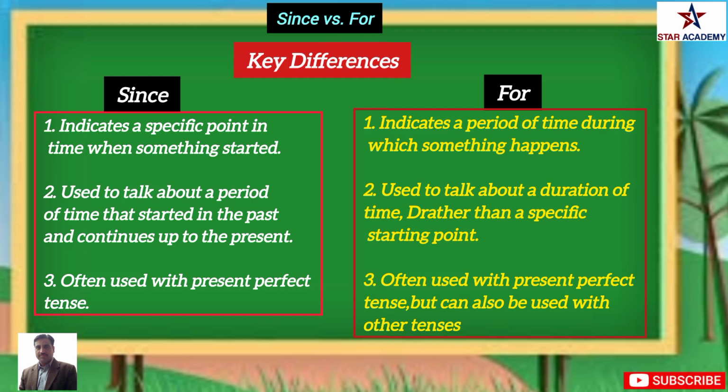Remember, since is often used with present perfect tense, while for can be used with various tenses. Understanding these differences will help you use since and for correctly in your writing and speaking.